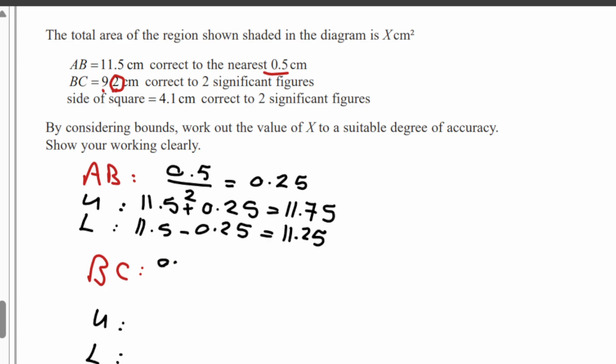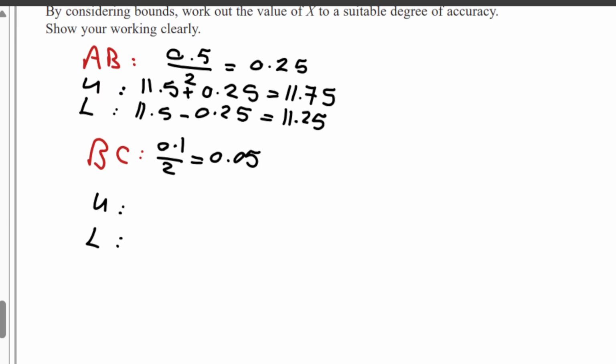So it's 0.1. We divide by 2. It's 0.05. Now to find the upper bound, we add the 0.05 to the 9.2, so it's 9.25. And to find the lower, we do 9.2 minus 0.05, so it's 9.15.